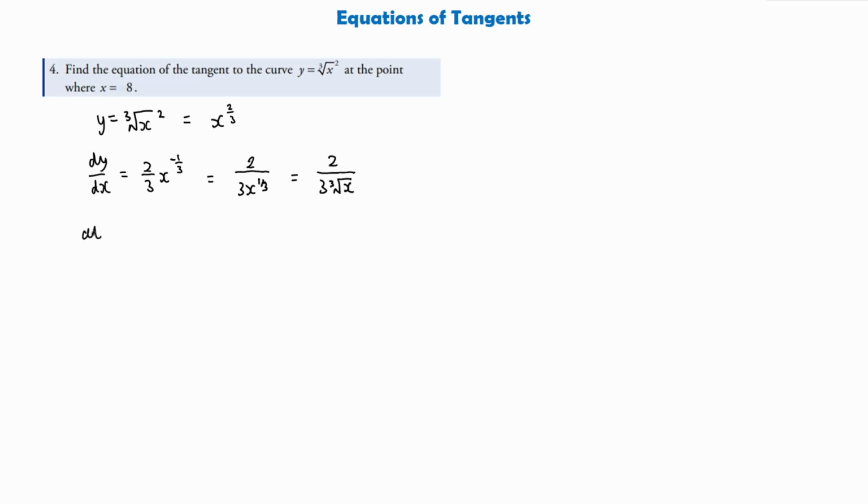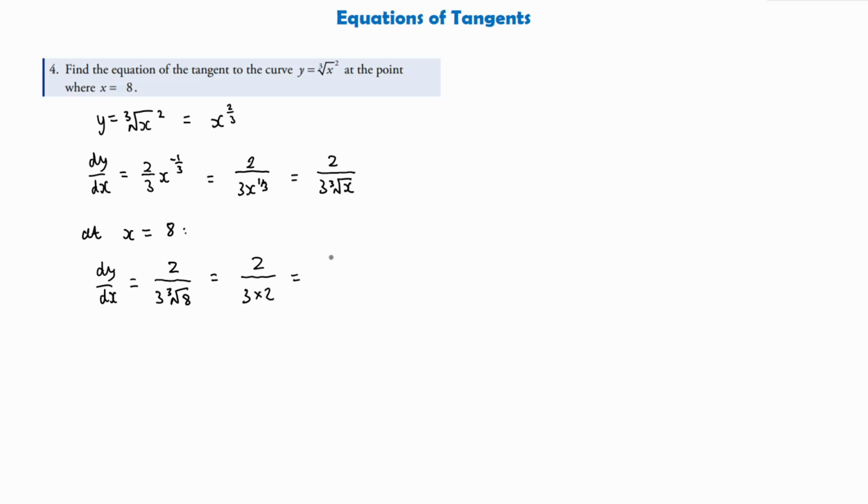And now we can work out the gradient by saying at the point where x is equal to 8, the derivative at x is equal to 8 is going to be 2 over 3 cube root of 8. Now the cube root of 8 is just 2, so we're going to have 2 over 3 times 2, which is just 2 over 6.